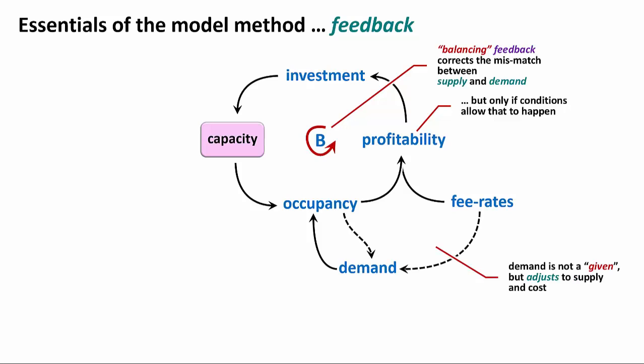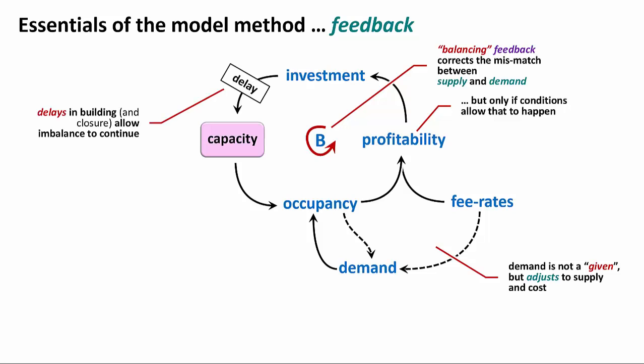And it's important to note that demand is not a kind of absolute number. It will adjust depending on the supply of what's available and the cost of taking up that supply. You would expect that at higher fee rates, fewer people will choose to fund their own places in a care home and perhaps stay at home instead.